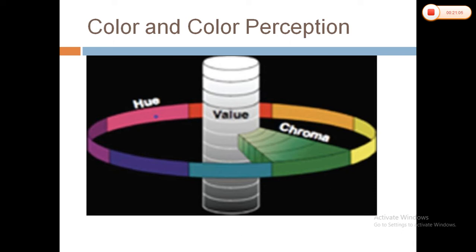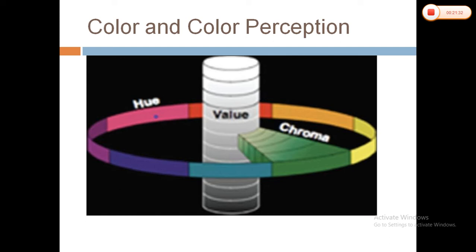Then chroma. Chroma is amount of color per unit area. You can see in the picture, less green to more green. Amount of color per unit area, so that is called chroma.